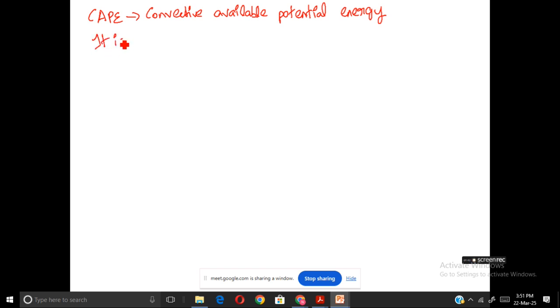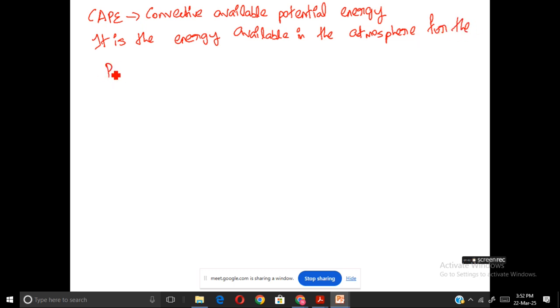It is the energy available in the atmosphere for the parcel to move or rise further. Energy that is available in the atmosphere for the parcel to move or rise further.